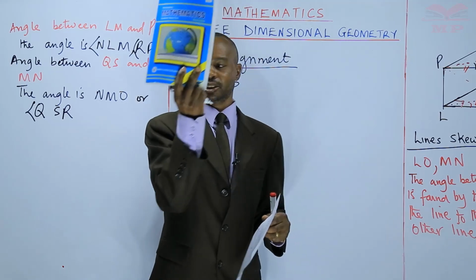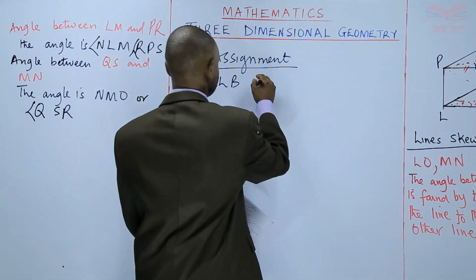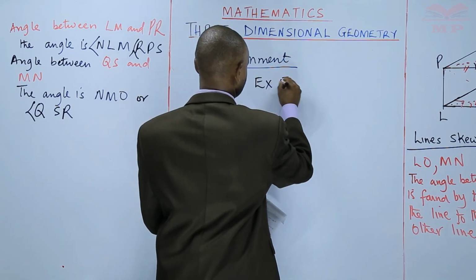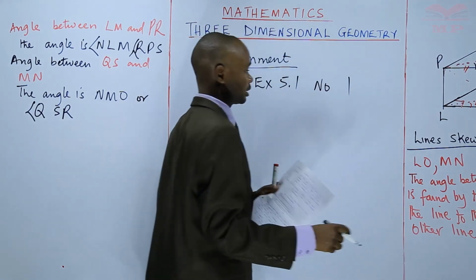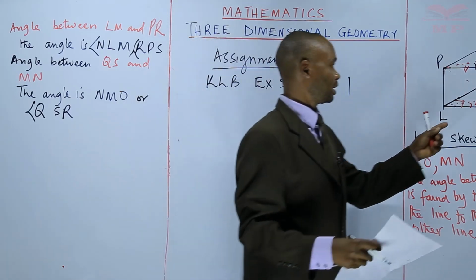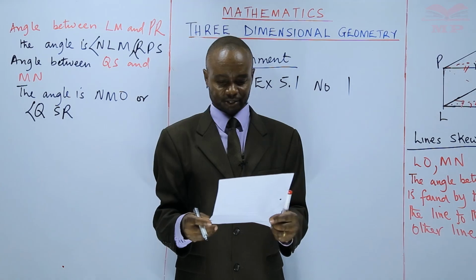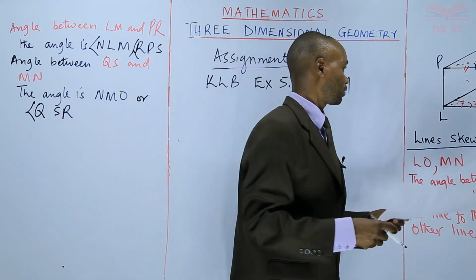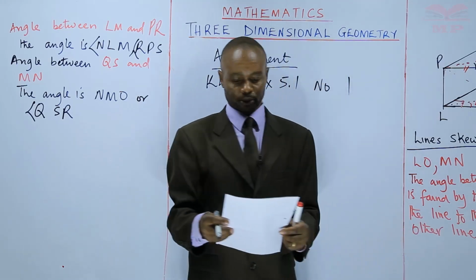I'll give the assignment there: KLB exercise 5.1, number 1. That will give you a proper understanding of skew lines and of finding the angles between skew lines.